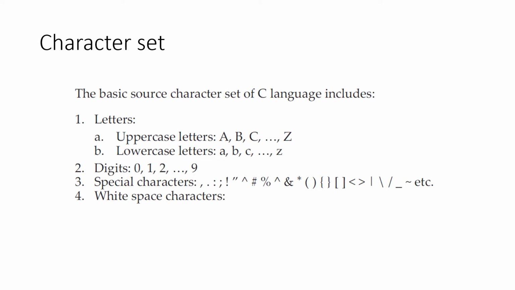Then digits from 0 to 9, then special characters you see on the keyboard, comma, full stop, colon, semicolon, exclamation mark, all these characters can also be used. Then white space characters like space, tab, etc. All these characters constitute the character set for C language.